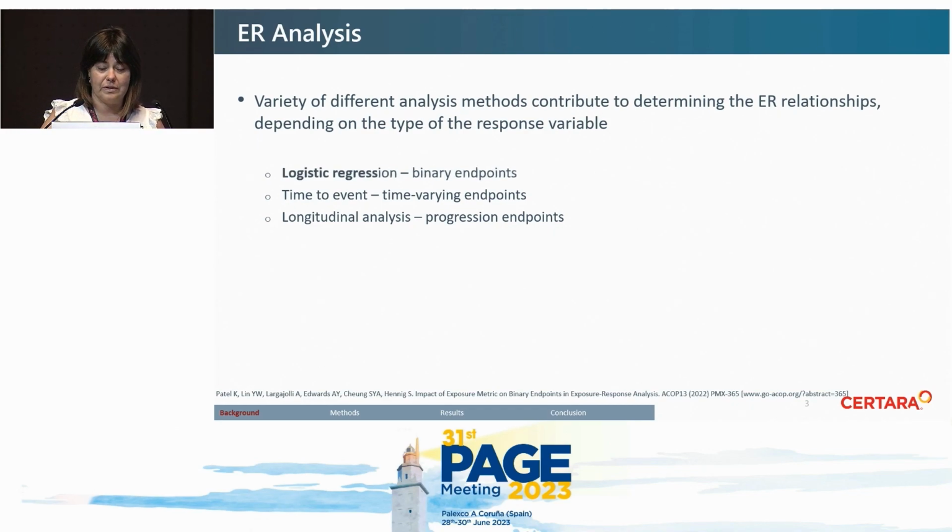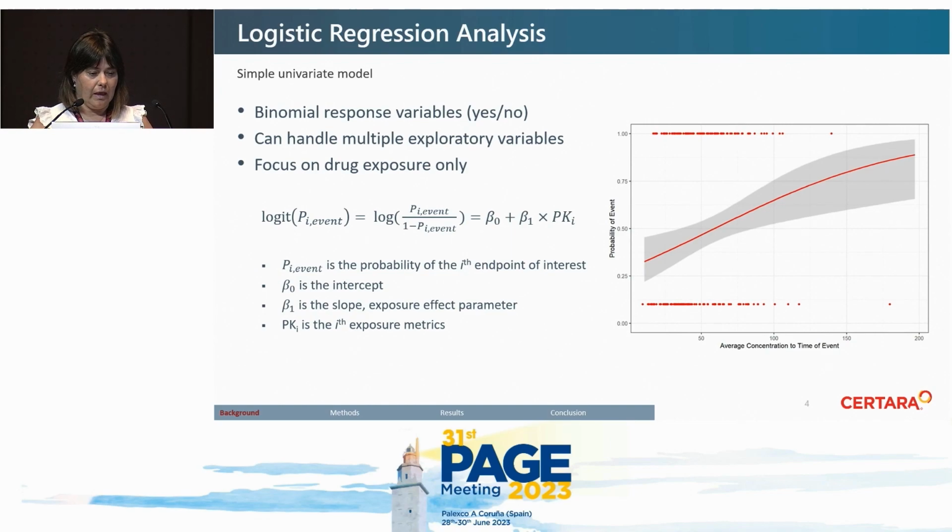For the interest of this talk, I will focus basically on logistic regression analysis and looking at binary endpoints. So logistic regression analysis, like I said, is used for binary response variables.